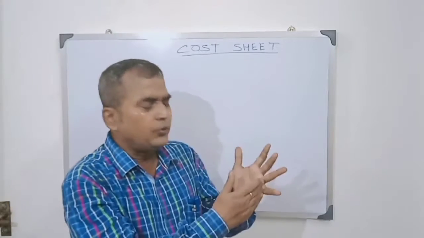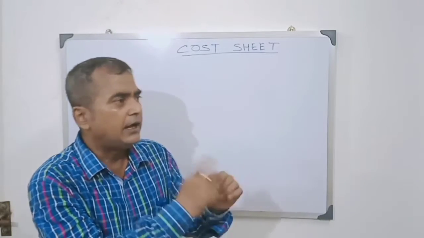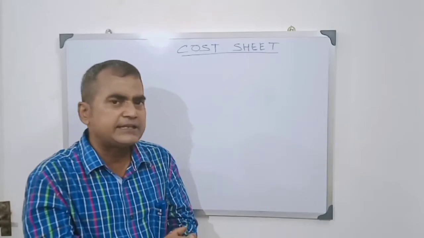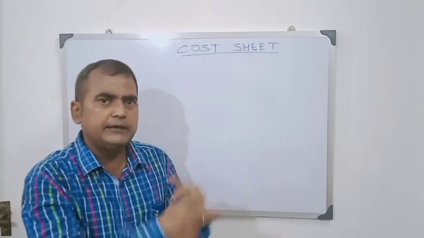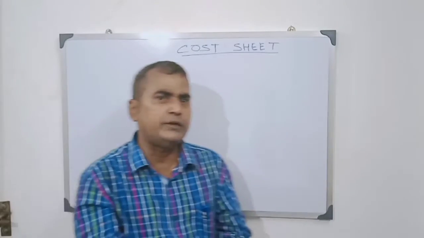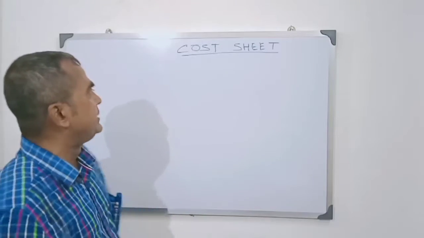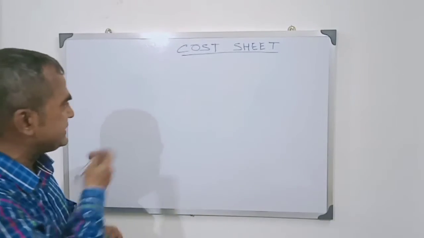So we try to find out the exact cost and curtail the unnecessary cost. There is a concept of cost controlling, cost curtailing. So our profit improves. Now let us discuss.